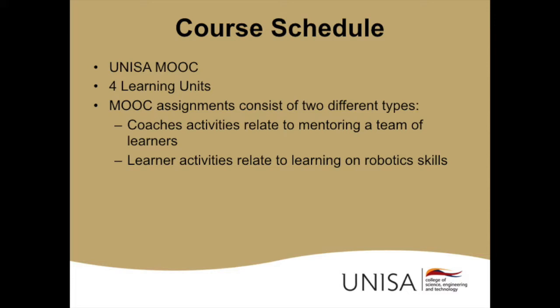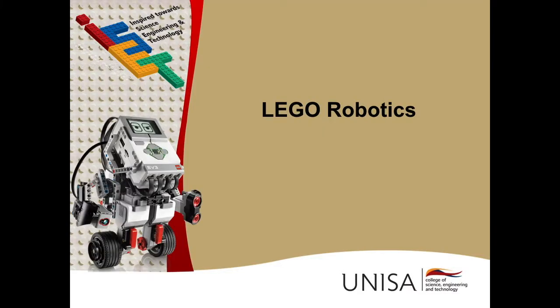The coaches' activities relate to mentoring a team of learners and to reflect about your mentoring experiences as well as to prepare for your sessions with your learners. And the learner activities relate to learning new robotics skills, and those are executed by your team of learners under your supervision.